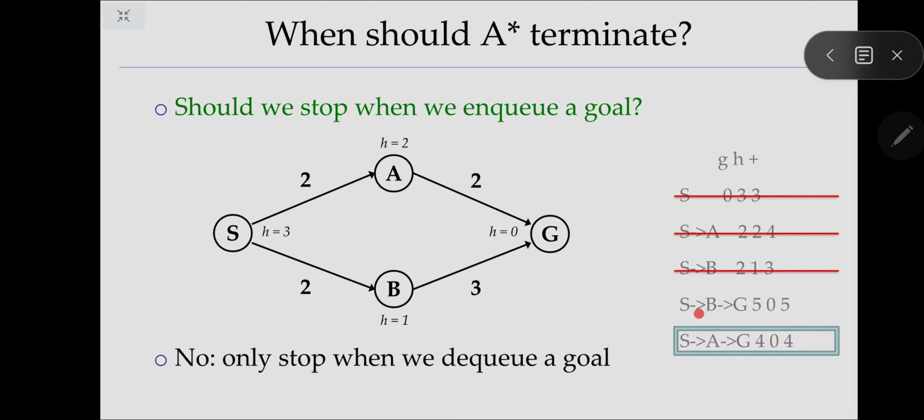And the suboptimal one is S-B-G. Again, it is a path to the goal, but because the cost is greater than the optimal cost, we call it suboptimal. Again, for the suboptimal, gn and fn are equal, but both gn and fn are greater than the corresponding values of the optimal solution.